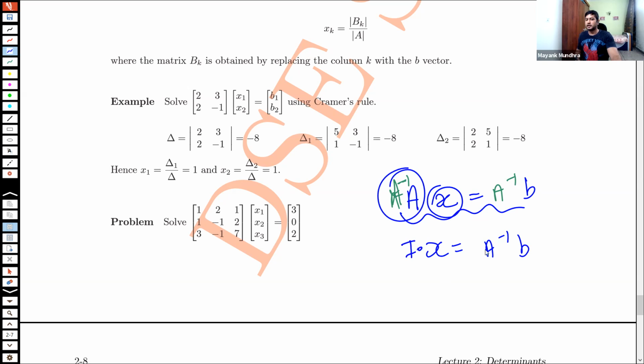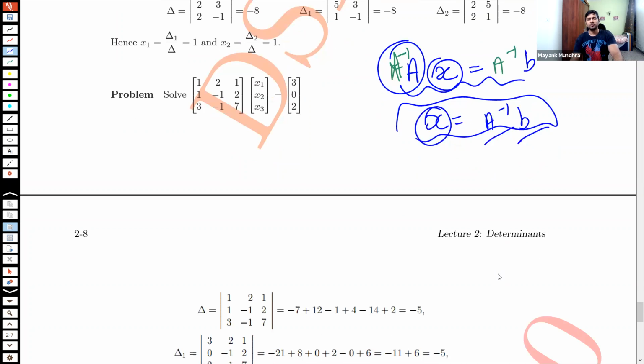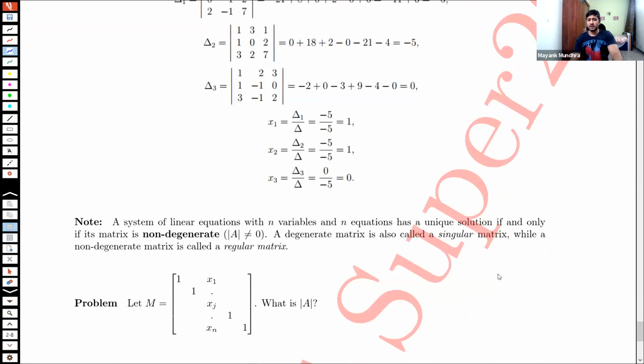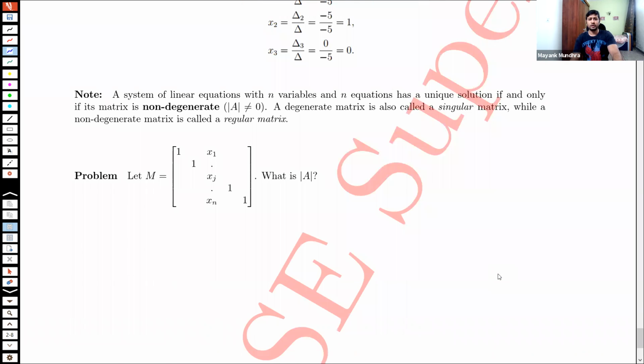So identity times X is equal to A inverse B, which means X is equal to A inverse B. So when you have this case of a unique solution, it can be found easily using A inverse. That's a property where A inverse becomes important.